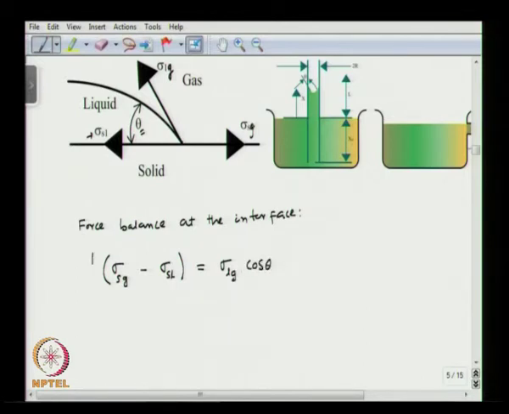So we take a component of sigma LG in this direction, and that is what the force balance is at the contact line.